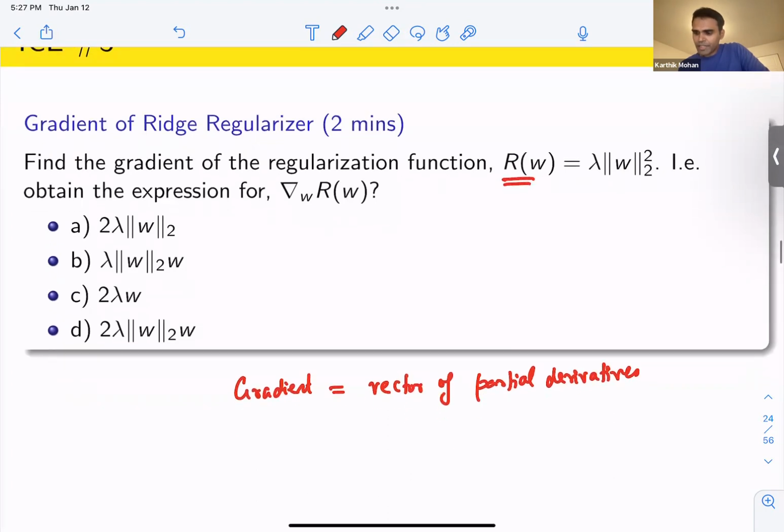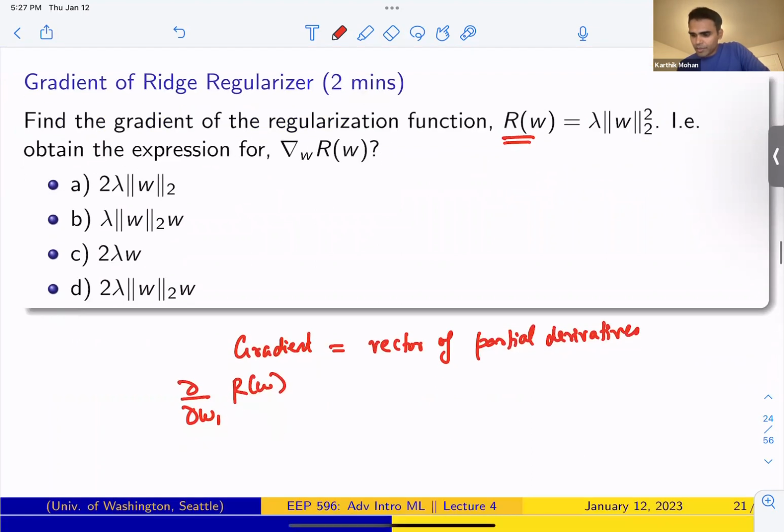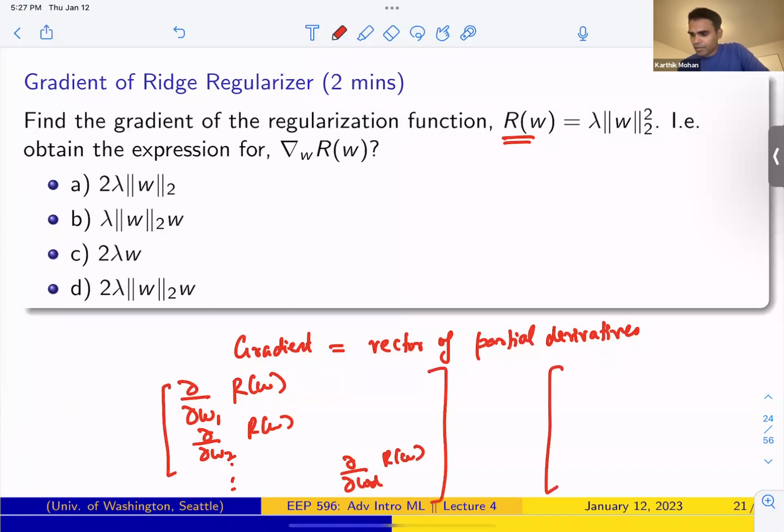So that's the definition of gradient, right? So here you would basically be computing the partial of this, partial of this, and so on. Partial over WD of R of W. And you put this all into a vector, right? So you get a long vector, and that's your gradient. So you represent it this way: inverted triangle, gradient with respect to W of the function that you care about.